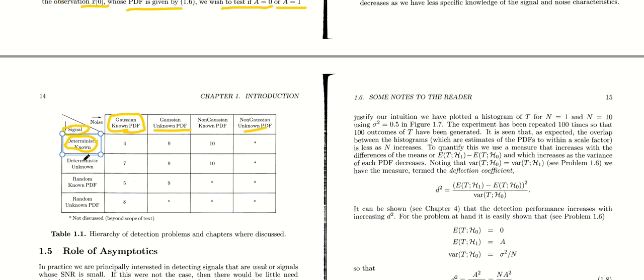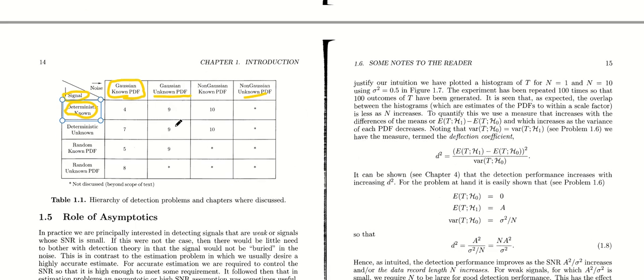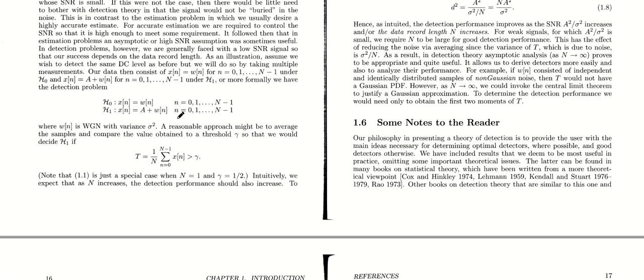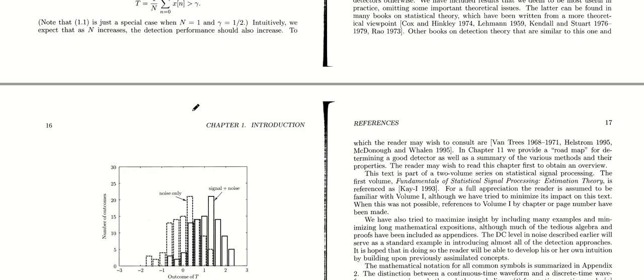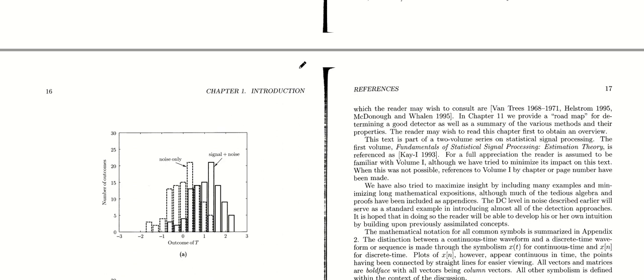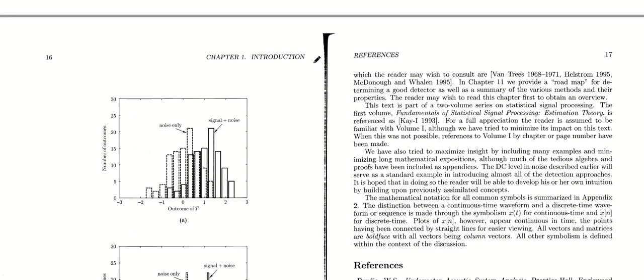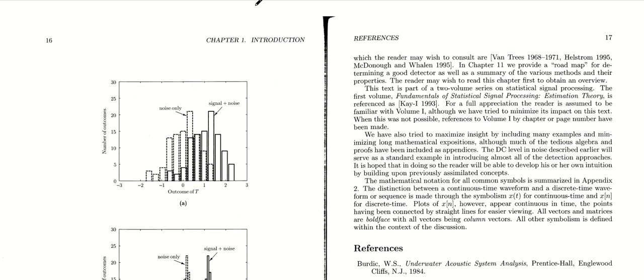So that's deterministic unknown. So you have all kinds of combinations, and we need to be aware and get ready for that. I think that's the end of chapter 1. Next time we are going to continue to chapter 2.